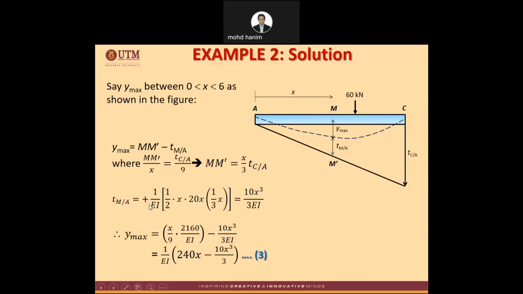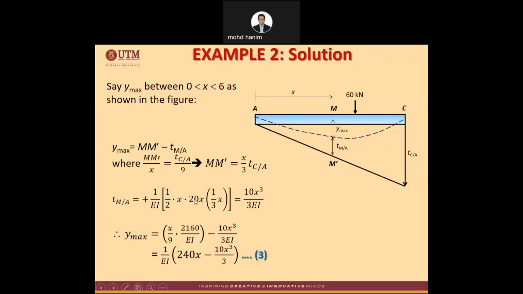And what is tMA? tMA is the moment area, the first moment area, equal to, there's no, sorry, this is the bending moment diagram. x times 20, times x divided by 2. Oh, sorry, x times 20 divided by 2.